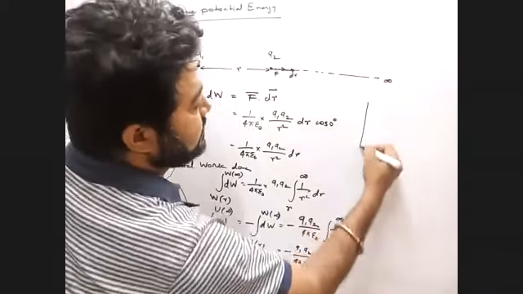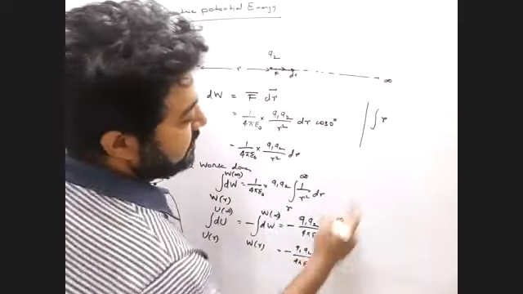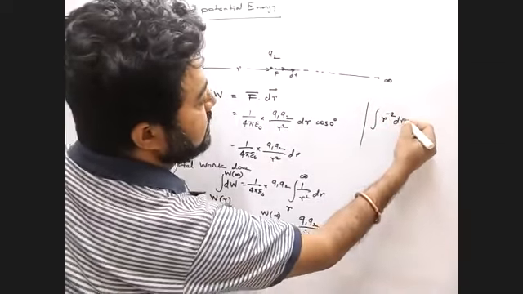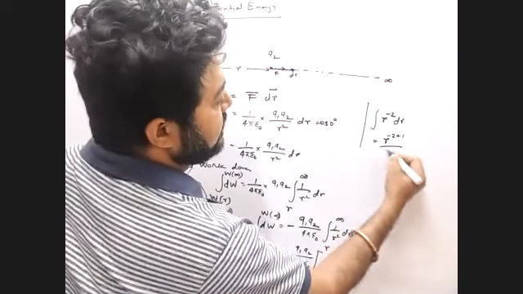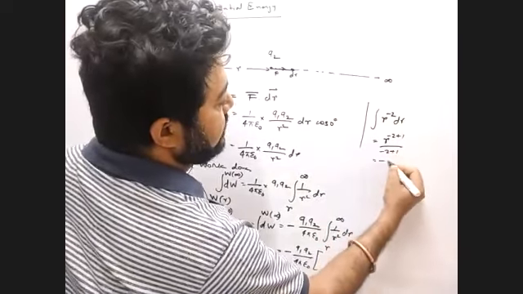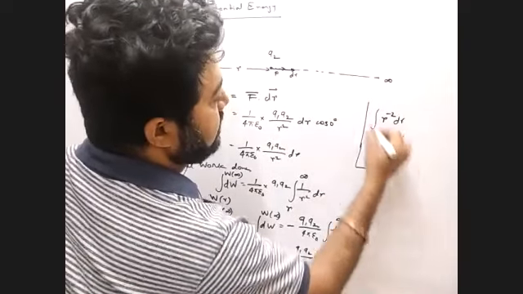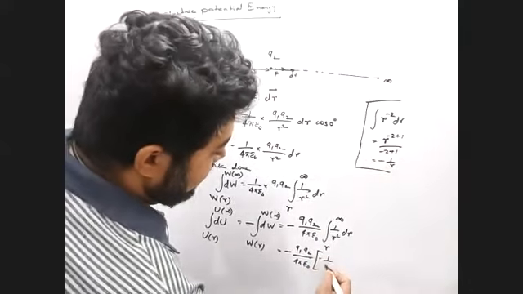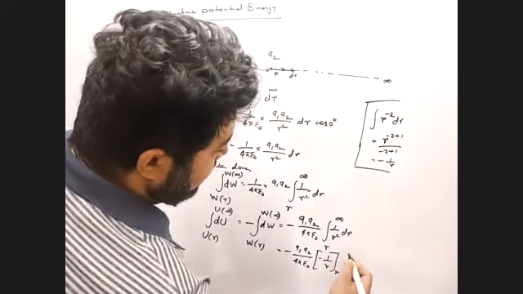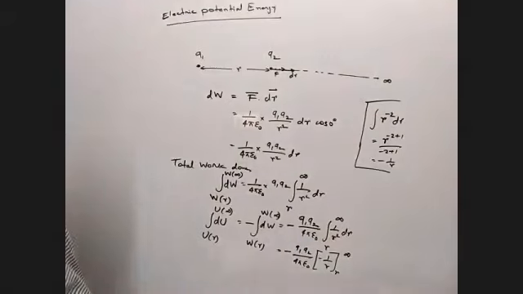Now if you integrate, minus Q1 Q2 by 4 pi epsilon naught, the integral of 1 by r square dr, that is r to the power minus 2 dr, which gives r to the power minus 2 plus 1, which is minus 1 by r. So we can write it as minus 1 by r from r to infinity.